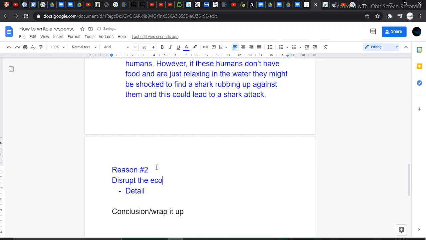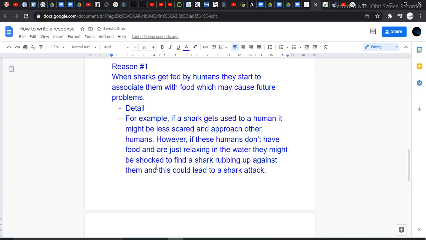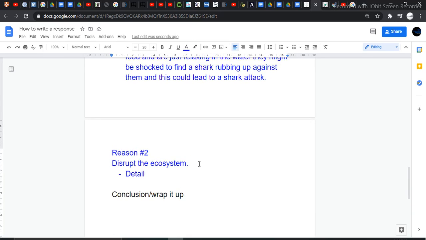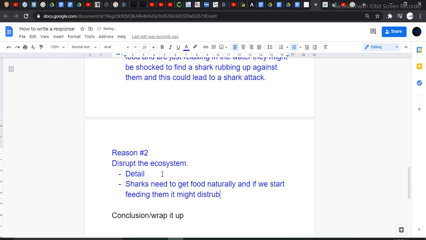disrupt the ecosystem. Being really rough here, not too professional with all my words and sentences. Disrupt the ecosystem. Okay, let me give some details. Sharks need to get food naturally, and if we start feeding them, it might disturb the balance of the ecosystem or food chain.